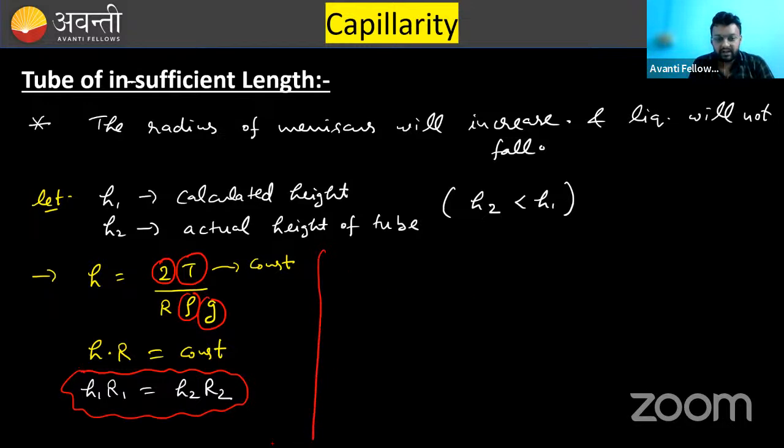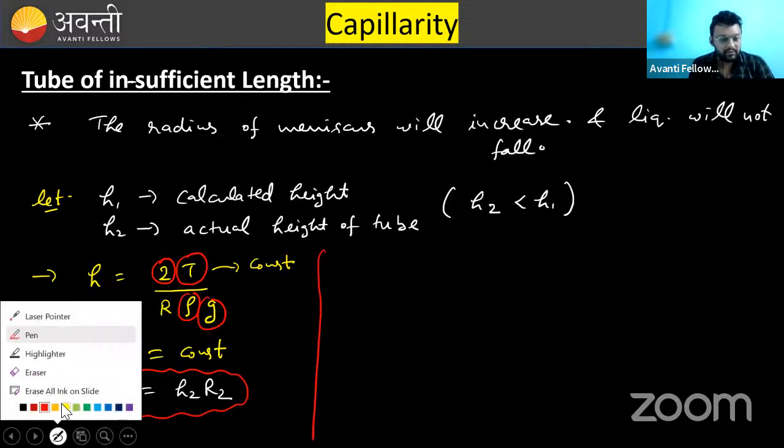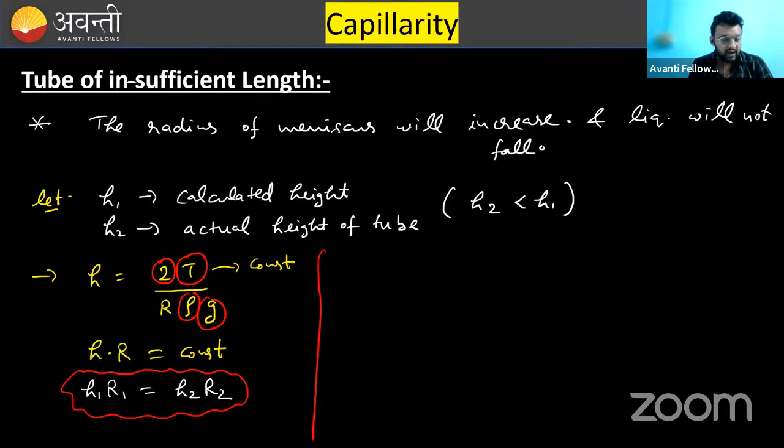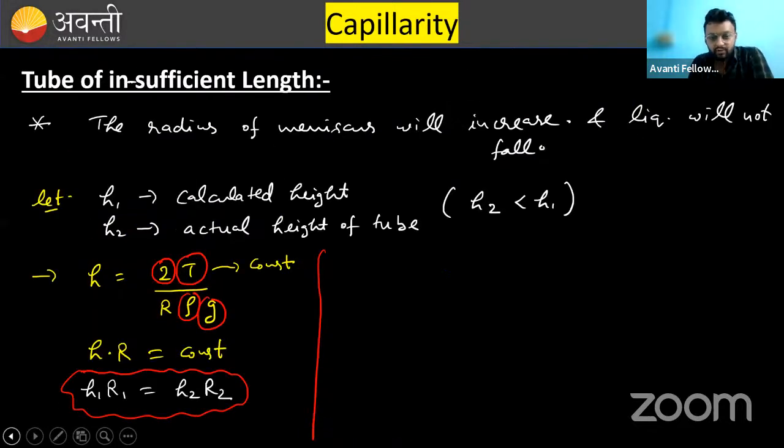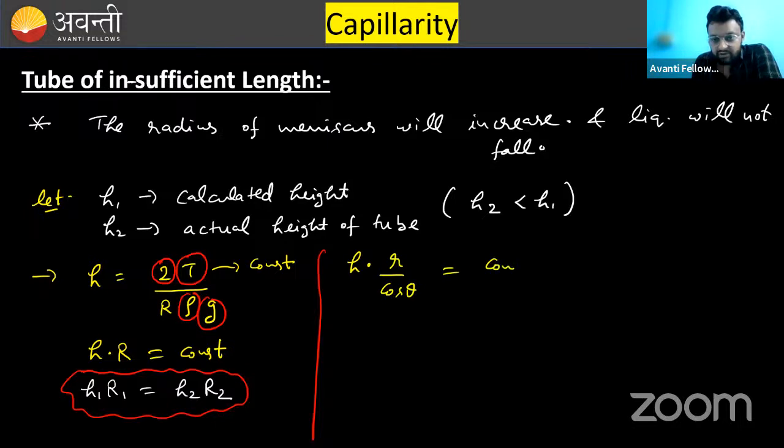Now this relation can be transformed into another form in terms of angle of contact. How? You can see that R is equal to r upon cos theta. So H into r upon cos theta is a constant.